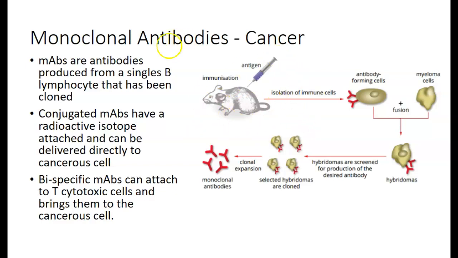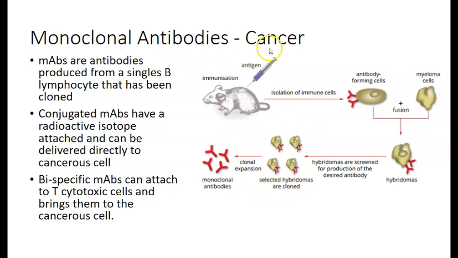We've got a case, so we're now familiar with this beautiful little molecule that has the ability to recognize particular cells in the body, to recognize particular antigens. So using that to our advantage, can we get these antibodies to target specific cancerous cells?